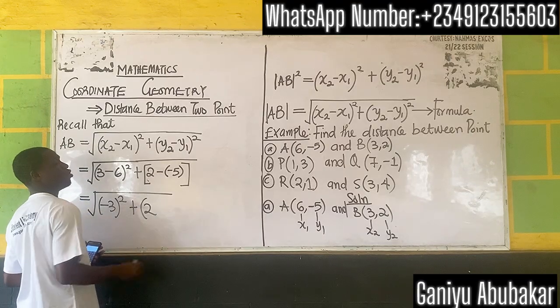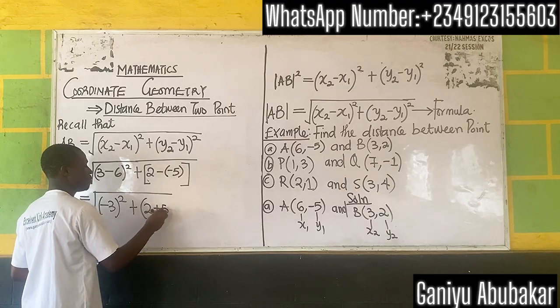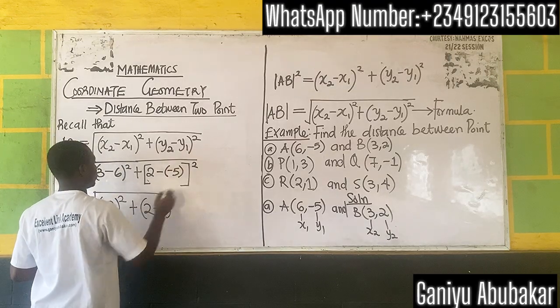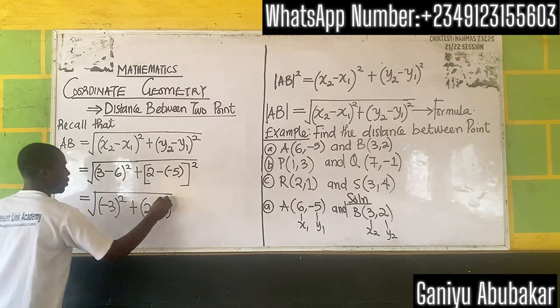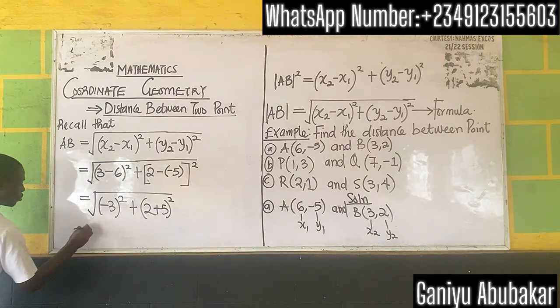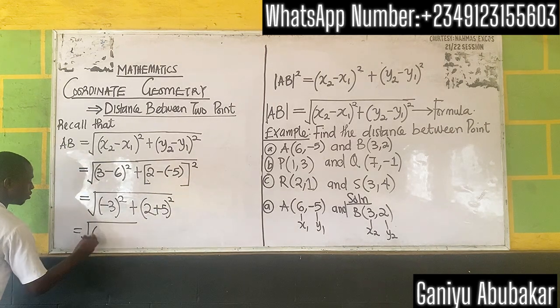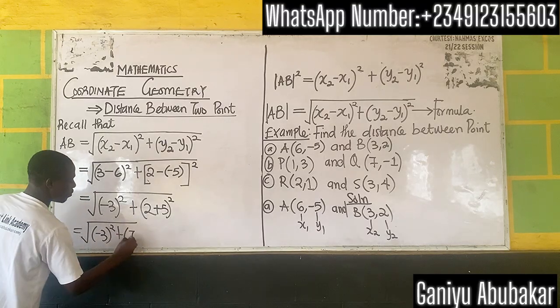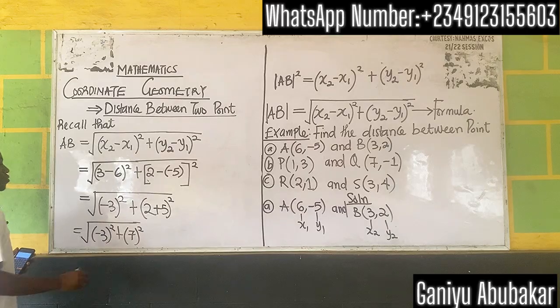Minus and minus gives you plus, right? That becomes plus 5 here. Don't forget to attach your square, please. So there should be a square here. This gives you the square root of negative 3 all squared plus 7 squared.